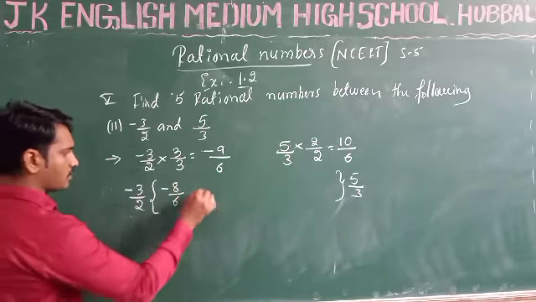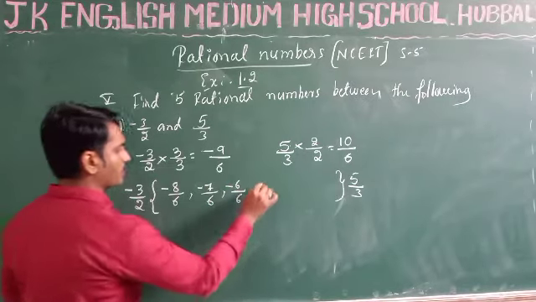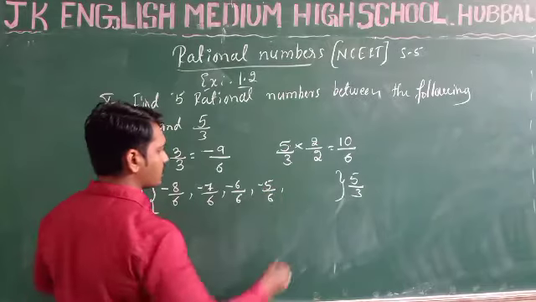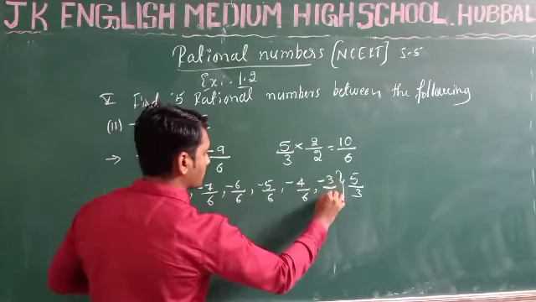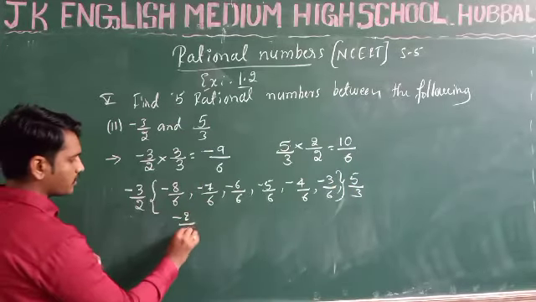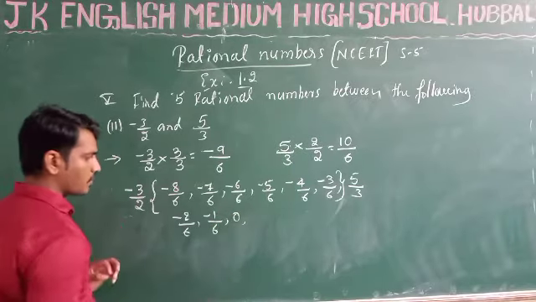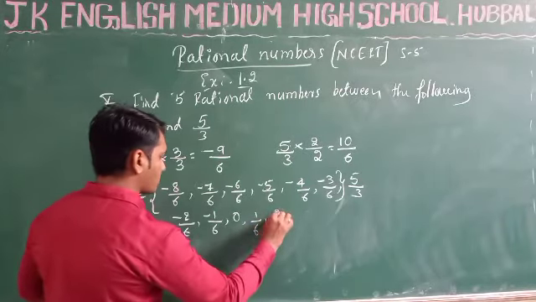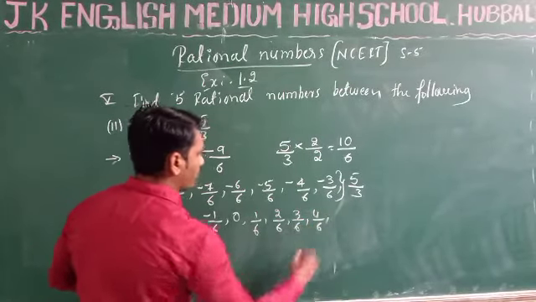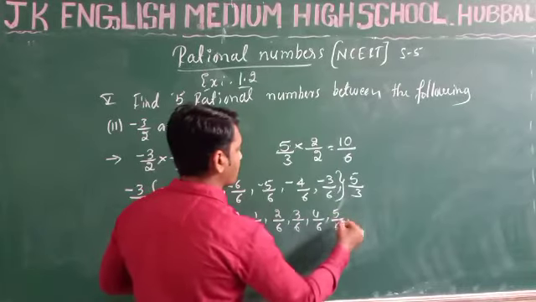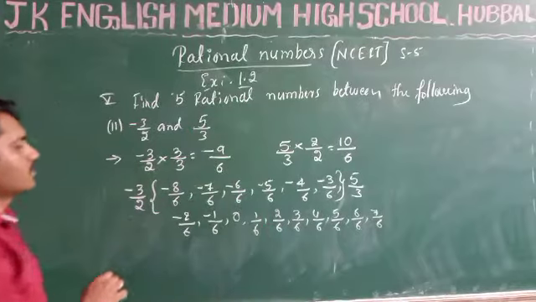Minus 8 by 6, minus 7 by 6, minus 6 by 6, minus 5 by 6, minus 4 by 6, minus 3 by 6, minus 2 by 6, minus 1 by 6, 0, 1 upon 6, 2 upon 6, 3 upon 6, 4 upon 6, 5 upon 6, 6 upon 6, 7 upon 6.